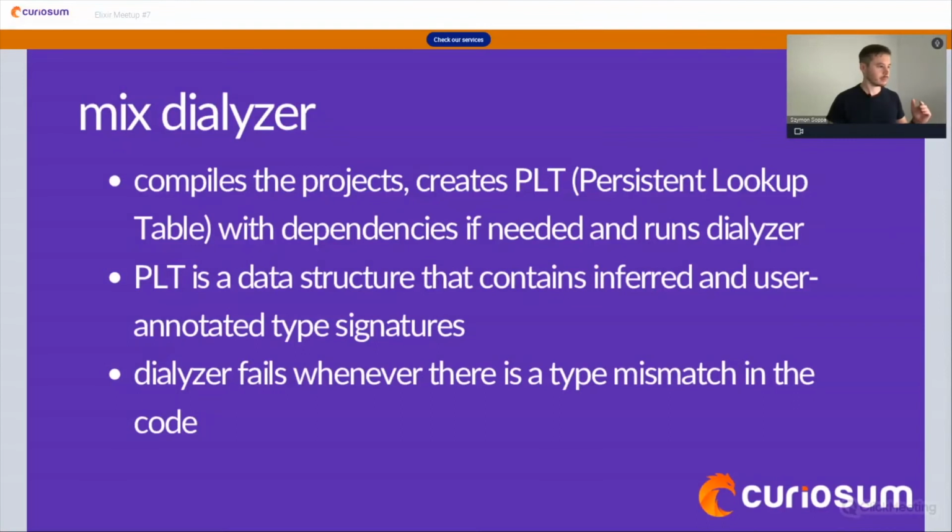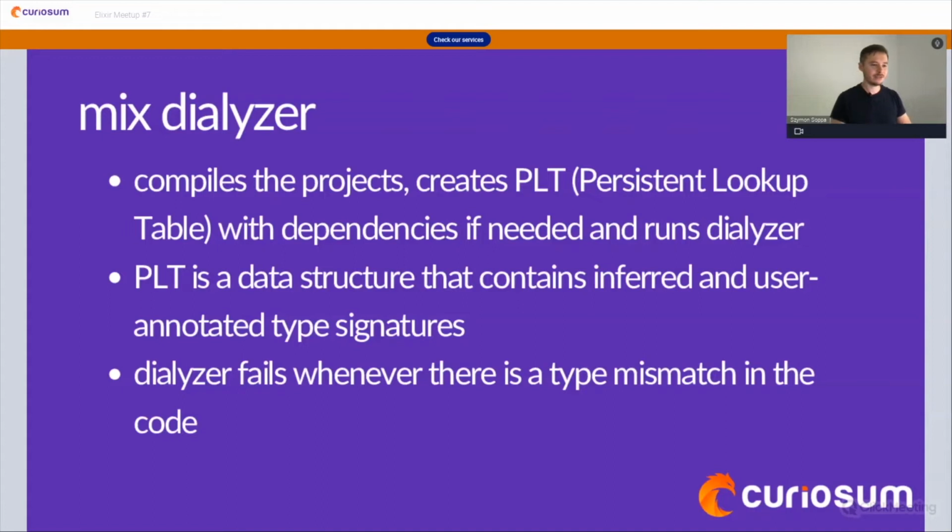So mix dialyzer compiles the project and creates the PLT, persistent lookup table, with dependencies if needed, and runs Dialyzer. PLT is a data structure that contains inferred and user annotated type signatures.